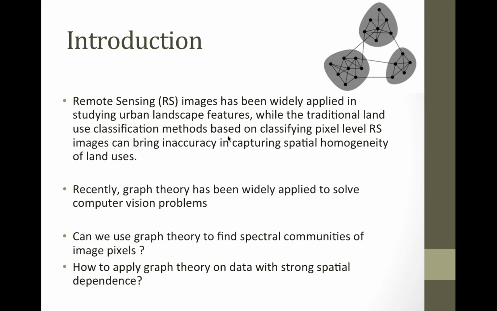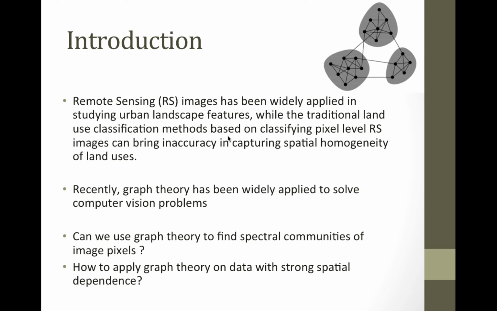This can bring inaccuracy in capturing urban patterns because remote sensing images are strongly spatially dependent, and in general, people want to use that spatial dependence to conduct urban analysis. But pixel-level images will have lots of noise, and this will bring inaccuracy in the classification.